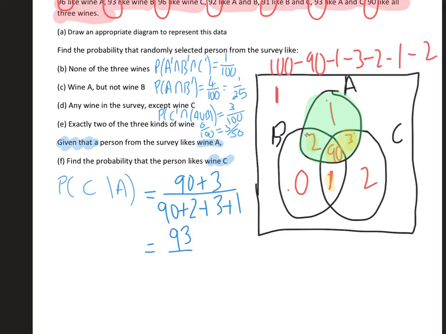So I've got 93 people out of 96, and then I'm sure that simplifies. Just, 31 over 32. So given that they like wine A, there's nearly 100% chance that they also like wine C.